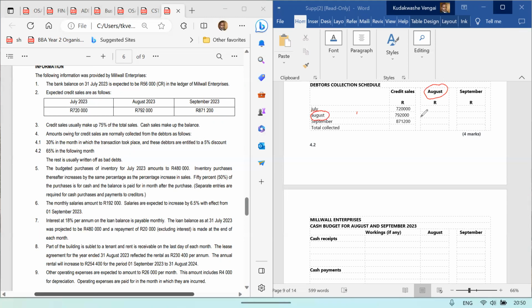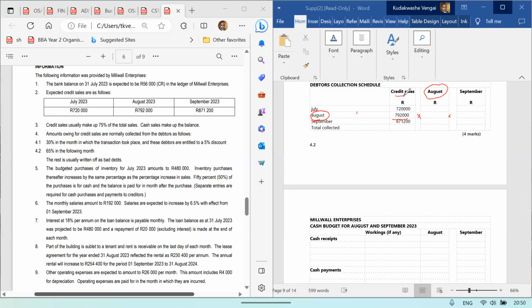The sales in August were 79200. Those were the credit sales in August, because we're not talking about cash sales here. We want to know how many debtors were collected, so we are only looking at credit sales.